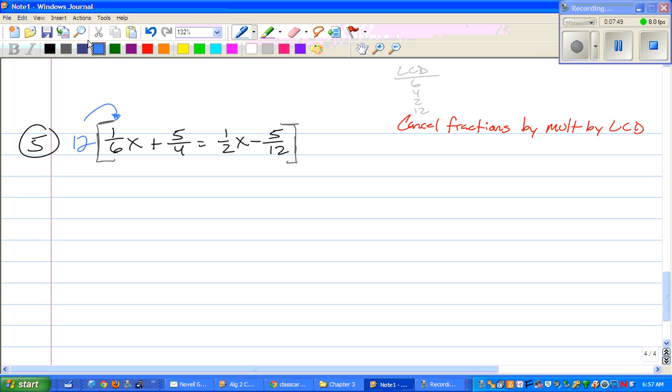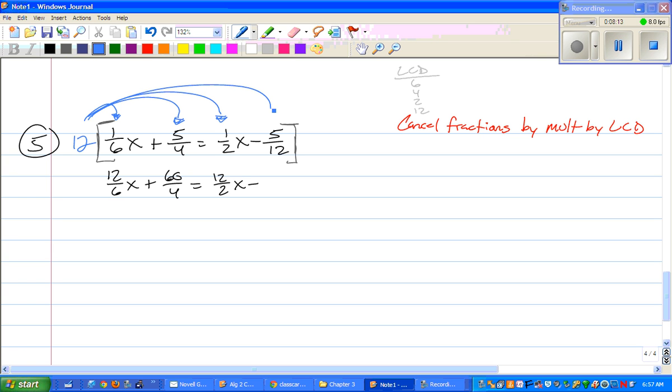So you're going to multiply the 12 by everything. 12 over 6x. 12 times 5 is 60. 12 times 1 is 12.